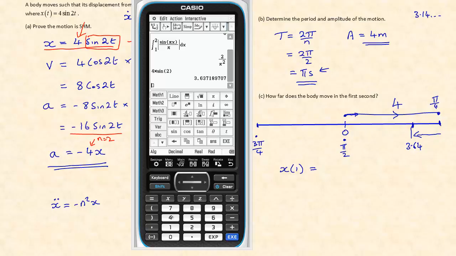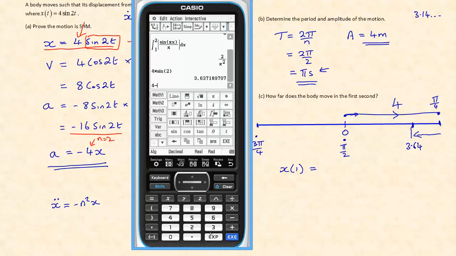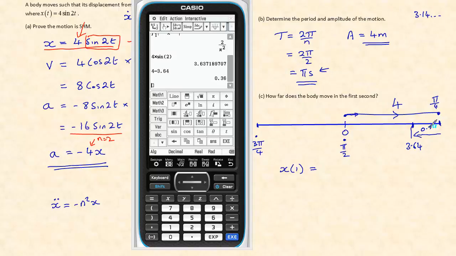So how far does it come back? 4 take away 3.64. So this is 0.36. So this was 3.64 to 2 decimal places, and then the distance is going to be the 4 add the 0.36, so 4.36 meters.